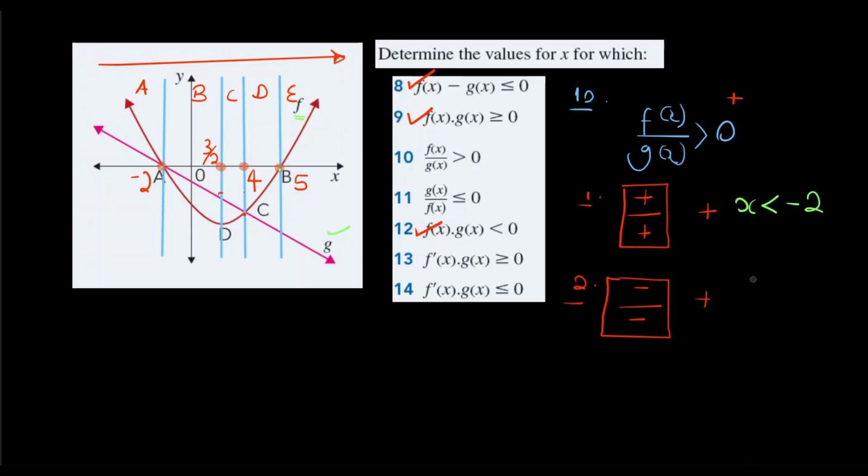So we can say x will be less than 5 and x will be greater than negative 2, or you could say x is an element of a soft bracket, not a solid bracket, because it's not including negative 2, to 5 soft bracket. And those will be our answers really for number 10.